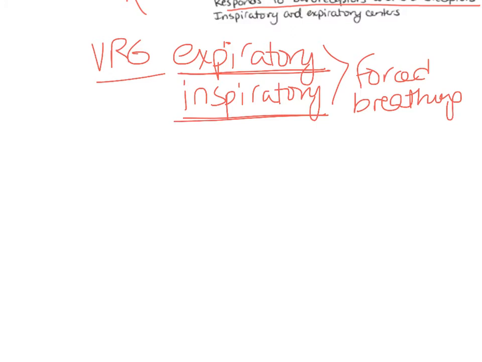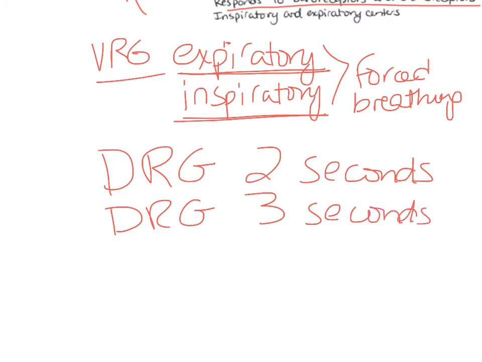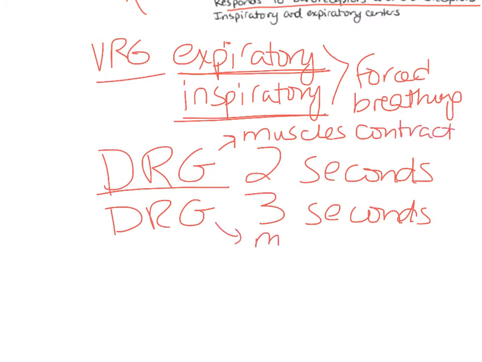Okay, so this is how your respiratory rhythm goes. Your DRG is stimulated for 2 seconds, and then you breathe in. Then the DRG is quiet for 3 seconds, and then you breathe out, because when the DRG is stimulated, the diaphragm and the external intercostal muscles contract, and when it's quiet, those same muscles relax.